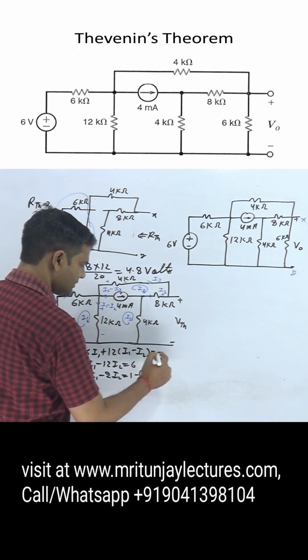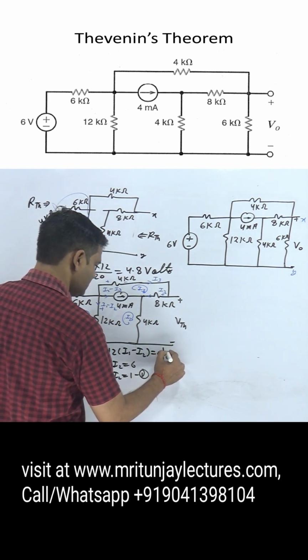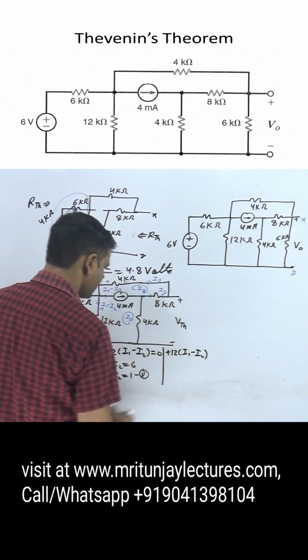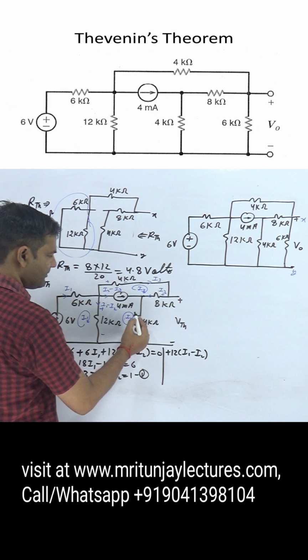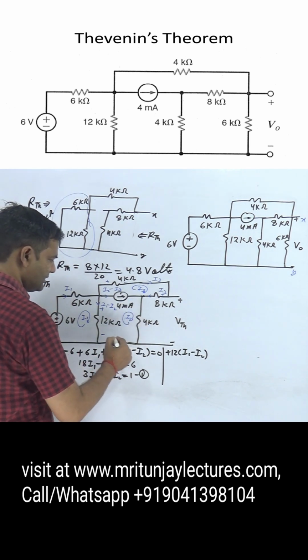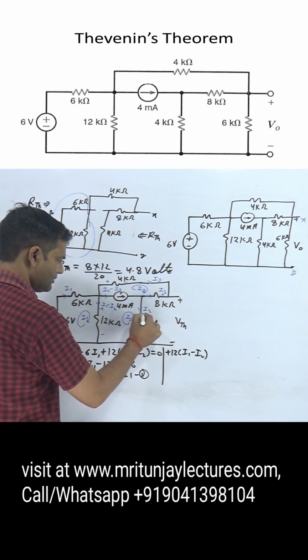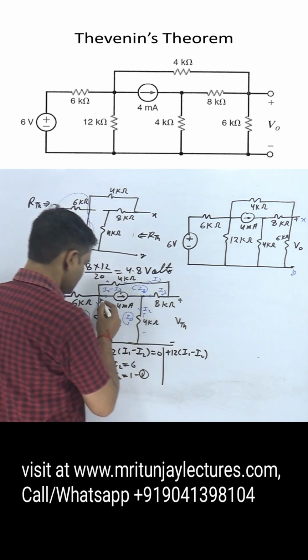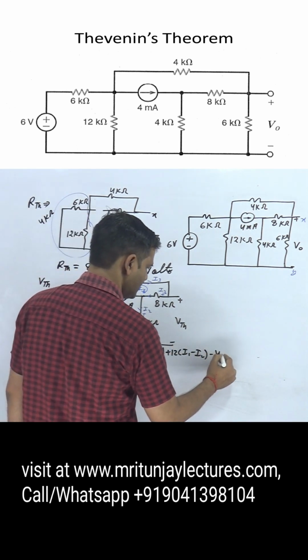Plus 12 times I1 minus I2, direction of I2 here, it means that is I2 plus minus, minus 4 I2.